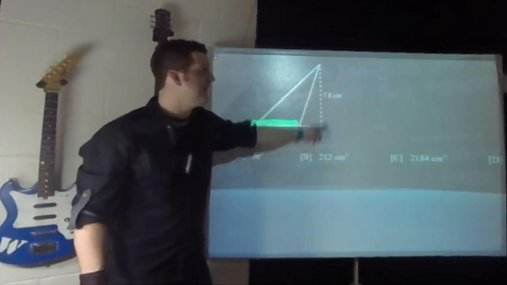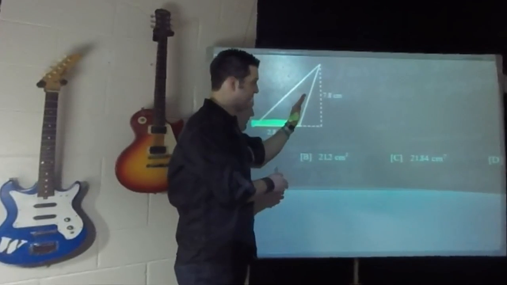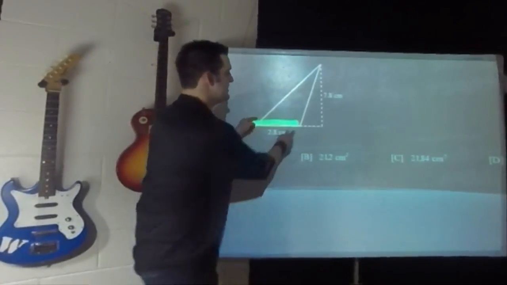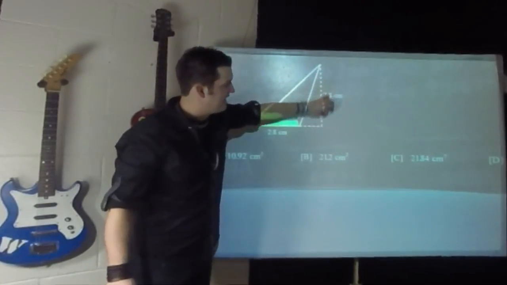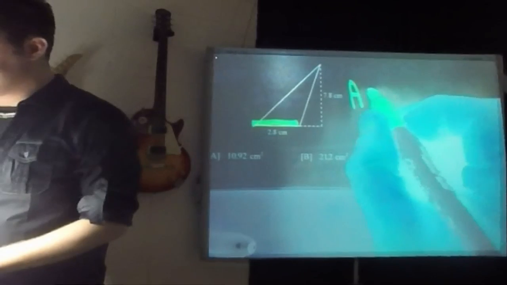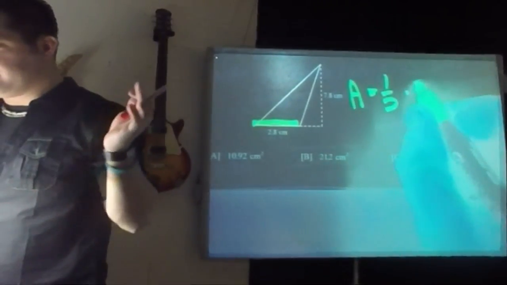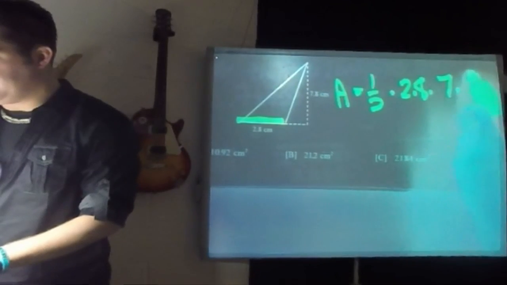These are the sides of the triangle, yes, but the height is actually from the peak straight down to the ground. So what we end up getting is area is 1/2 times 2.8 times 7.8.